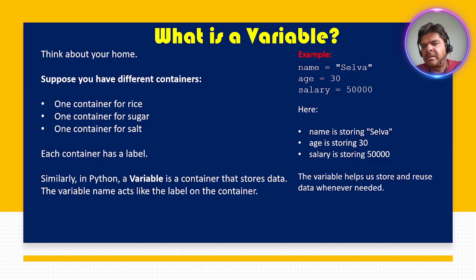The variable helps us store and reuse data whenever needed. Whenever you want to display your name, you can call that name. Whenever you want to display the age, you can call that age. Whenever you want to calculate the salary, bonus or something, you can call that salary, right? Wherever you want to use those values, instead of using them as hard-coded values, you can call the variable.